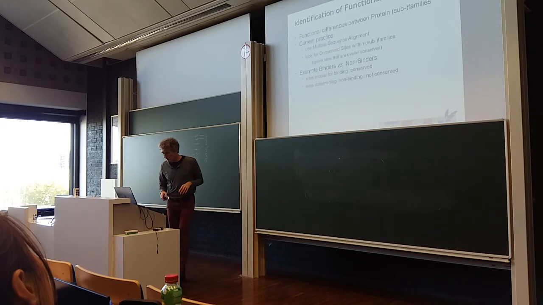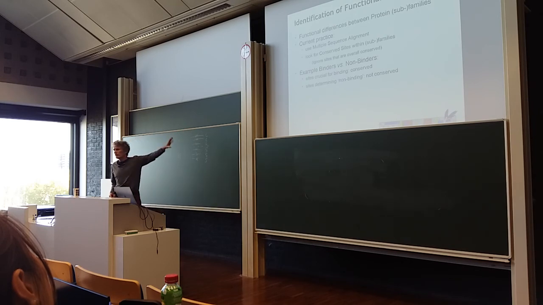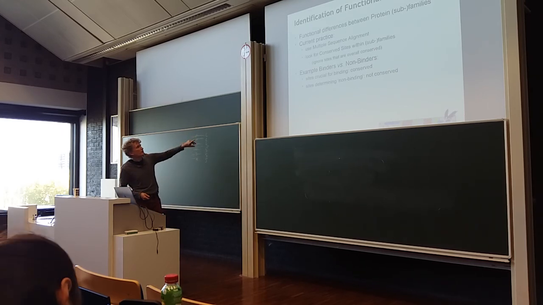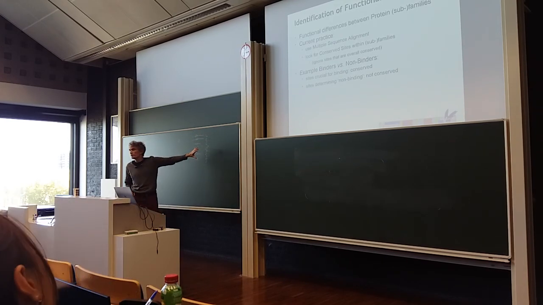But we're looking now at differences in these subgroups. There's a couple of methods that do that. I think there might be a slide somewhere later on for reference that lists some of those methods. They look for conserved sites within a subfamily, but they're very strict. They aim to be conserved.